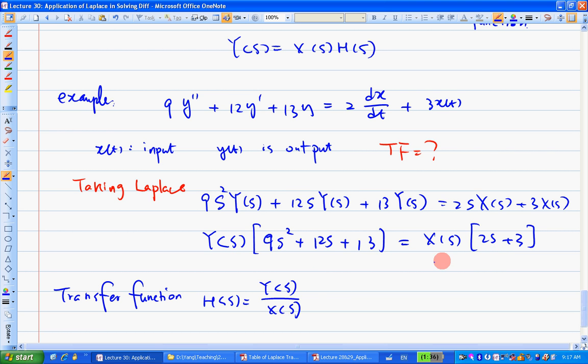Now you look at this one here. Can you get the ratio between Y of s and X of s now? This is important. There are many students who make a mistake from here to here. So I want you to write it down first. Many of you make a mistake.